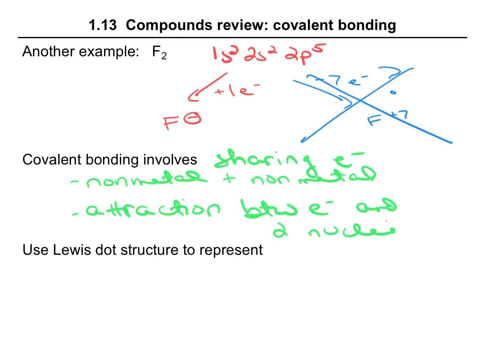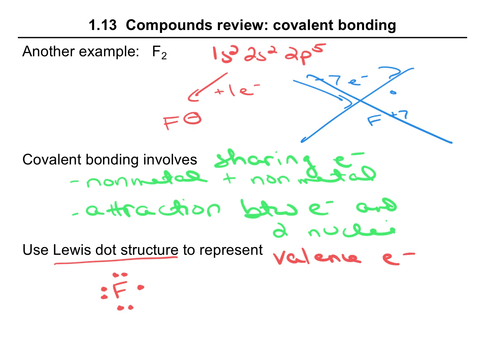When we write covalent compounds, as we're thinking about covalent bonds, we want to use Lewis dot structures. And we use the Lewis dot structures to represent the valence electrons. For fluorine, we know that it has 7 valence electrons, so we can write a pair and another pair and another pair and a single electron.